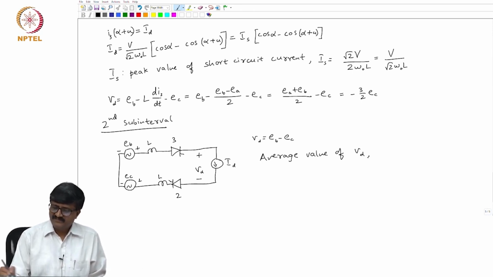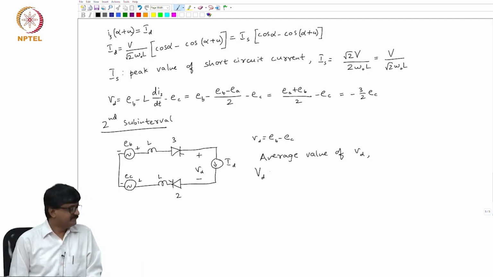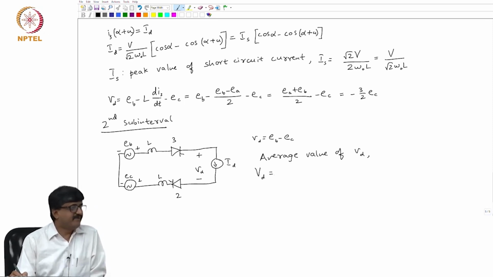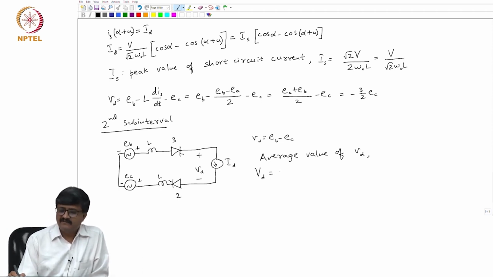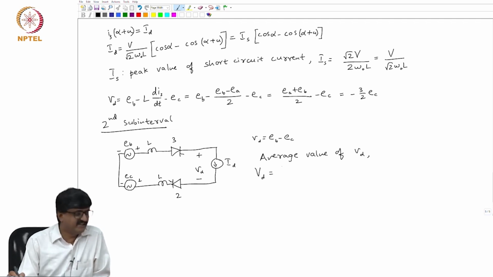So, we will use this notation, uppercase V with a subscript d. This can be obtained from the expression for the instantaneous value in the first interval of duration 60 degrees.